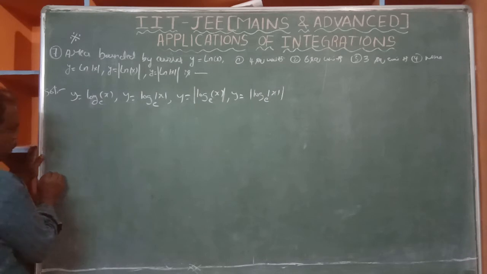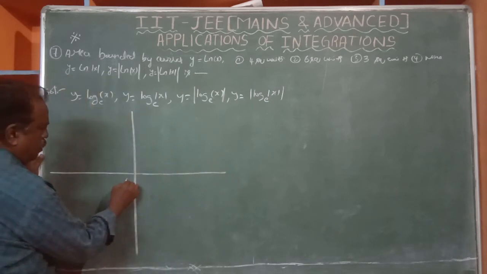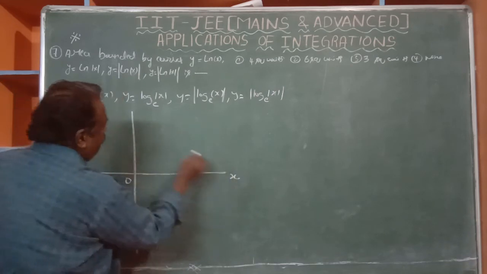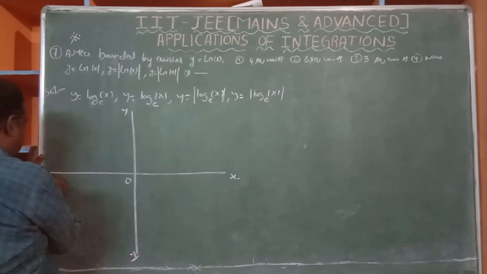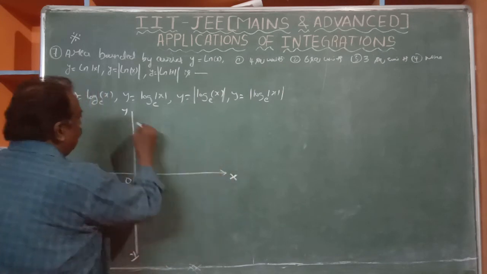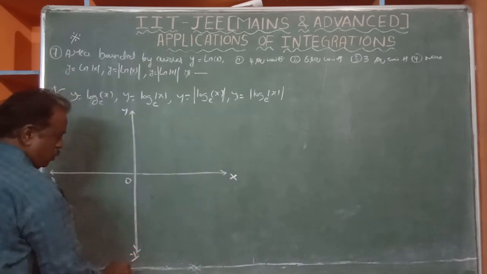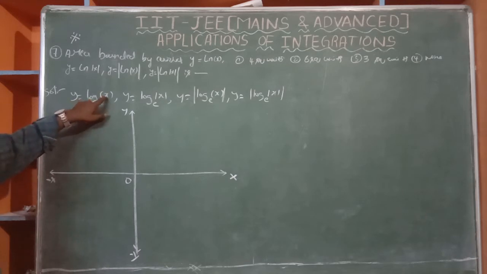Diagram. This horizontal line is the x-axis and this is the y-axis, with minus y and minus x. First I am taking this log x to base e. You see now, when x is equal to 1, y is equal to log 1, which is 0.